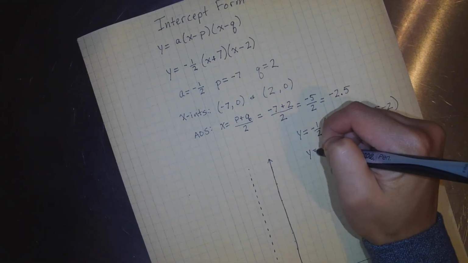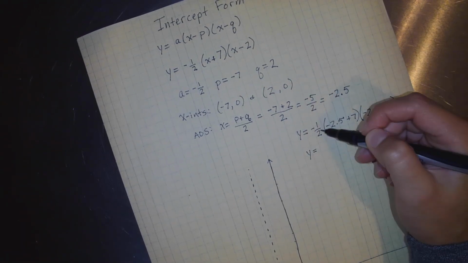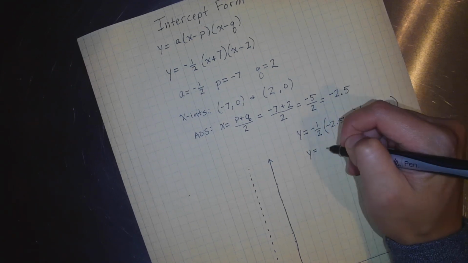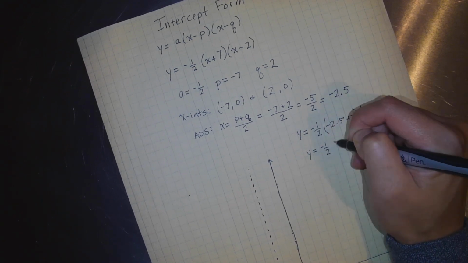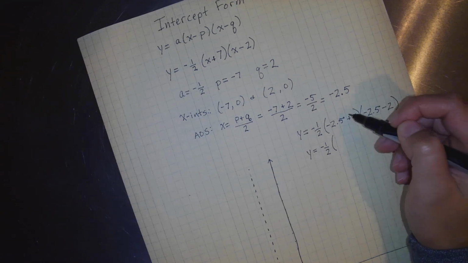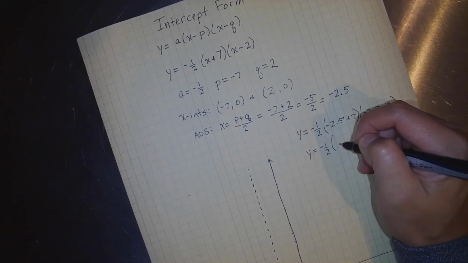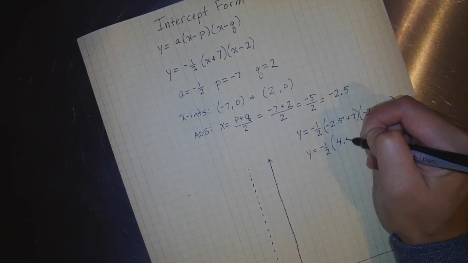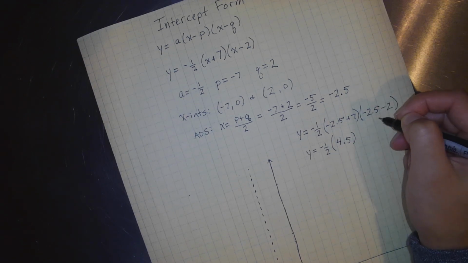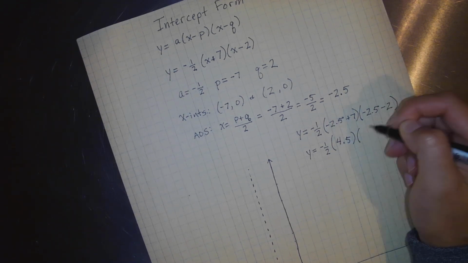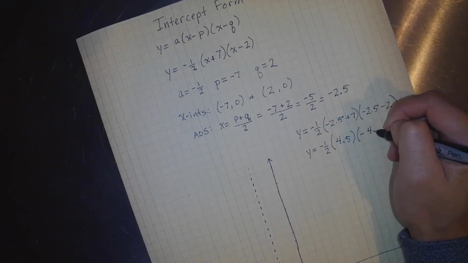So I'll have y equals, and I'm just going to bring what's on the outside down, so this will be -1/2. Then adding what's in my parentheses, this comes out to be 4.5, and -2.5 minus 2 would be -4.5.